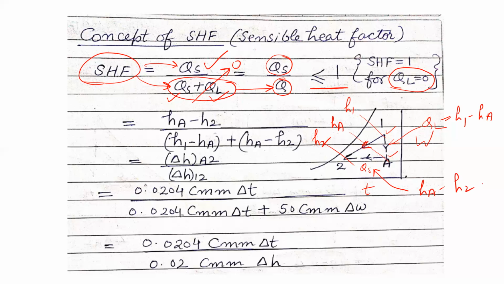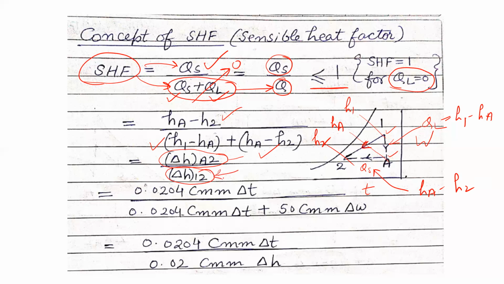So we can write that the value of Qs is HA minus H2, and the latent heat part is H1 minus HA. So delta H A to 2 for the process of sensible heat removal, and delta H 1 to 2 for the total heat removal.